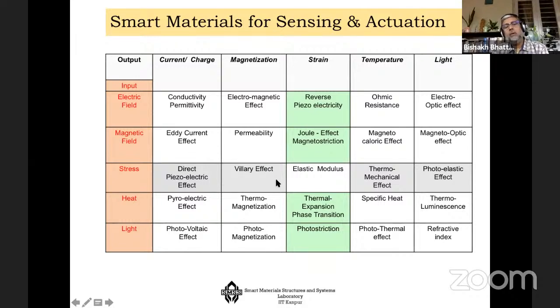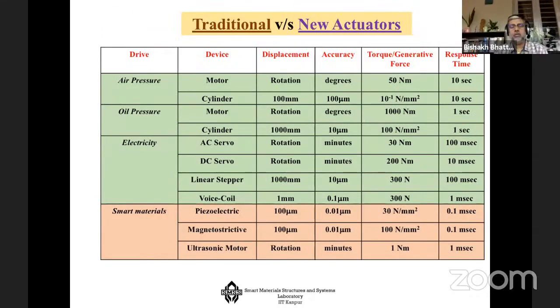On the other hand, if there is a mechanical deformation and you get a change in the electrical or magnetic field, or temperature or light, then this horizontal direction of the row is where we have the smart material which has the capacity to work as a sensor. So in the horizontal direction we have the sensors, and in the vertical direction we have the actuators. Different smart materials are placed along different positions depending on their capacities in this central group of materials.